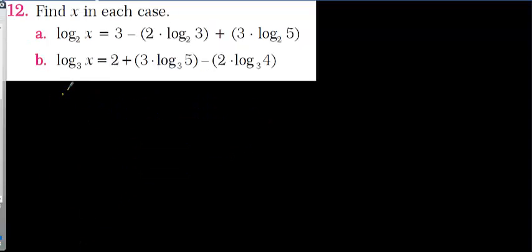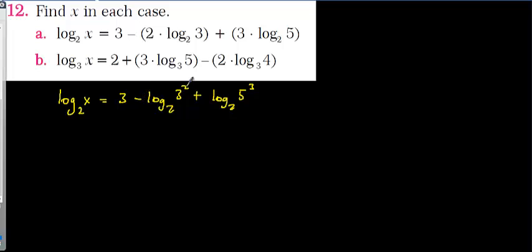Okay, the next question. Now I'm going to solve these questions. Logarithm base 2 of x when it is equal to 3, we can write 3 minus logarithm base 2 of 3 squared plus logarithm base 2 of 5 cubed. Why did I make it like this?